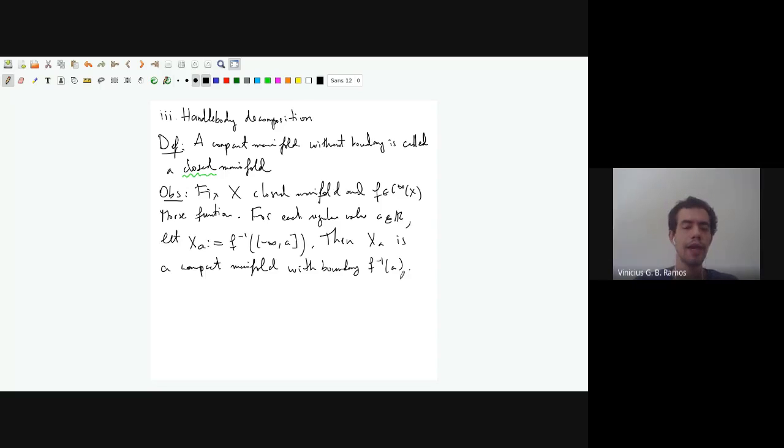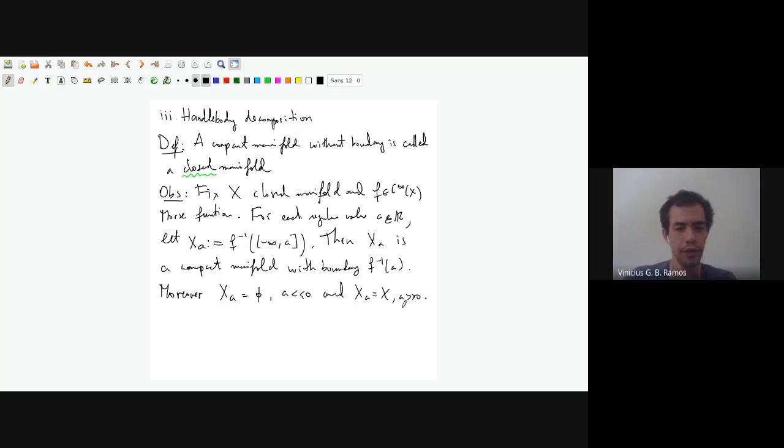Moreover, because X is a compact set, the image of f is compact. So X_a is empty for a very small, and X_a is the whole space for a very large.